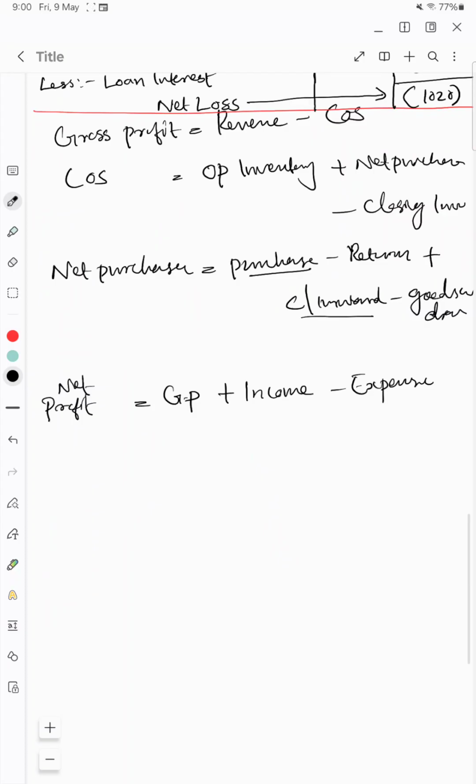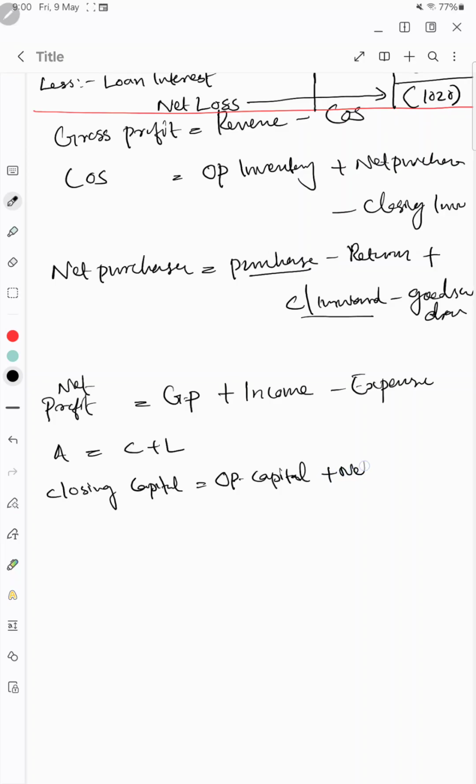Now we need to prepare the statement of financial position. Before that I will write the equation: assets should be equal to capital plus liabilities. Here we need to find the closing capital. The equation will be opening capital, which is in your trial balance, plus net profit, or minus net loss.